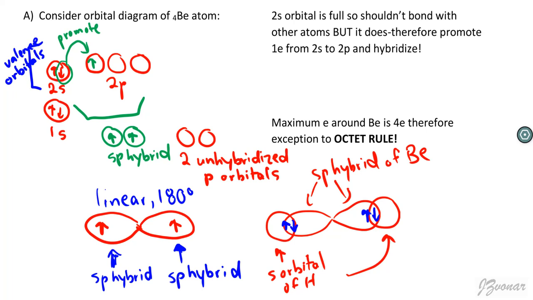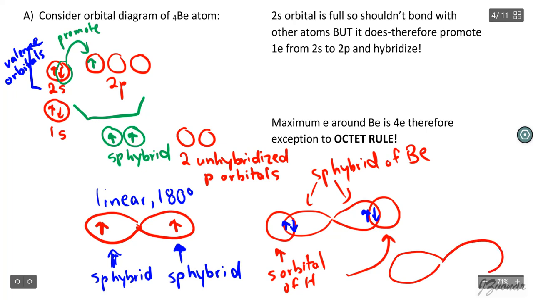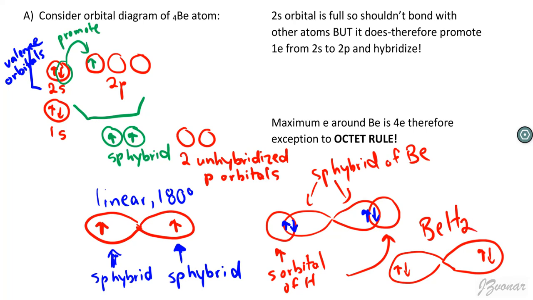Now they overlap and form two covalent bonds, one on either side. So it's going to form a covalent bond, with two on this side and two on this side, with the sharing of those electrons. So this is BeH2, beryllium hydride, which has formed here.